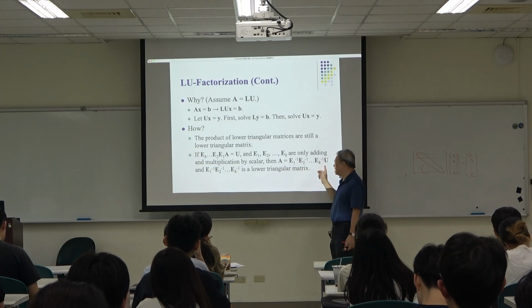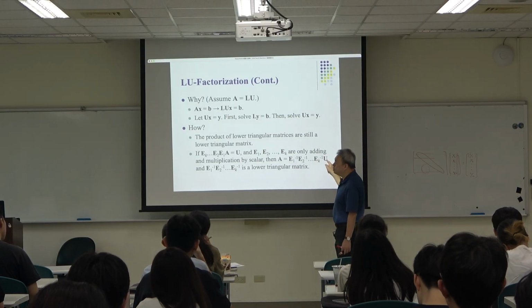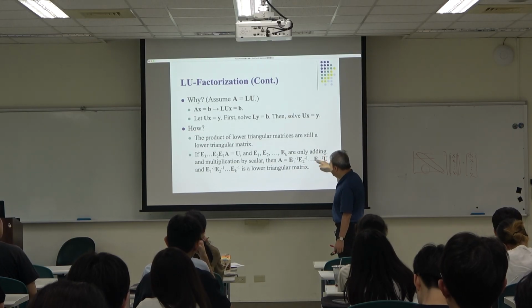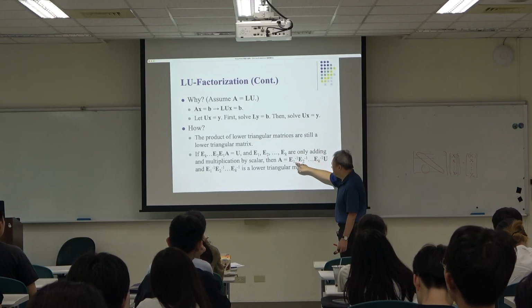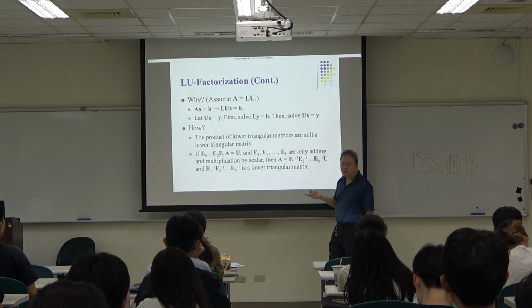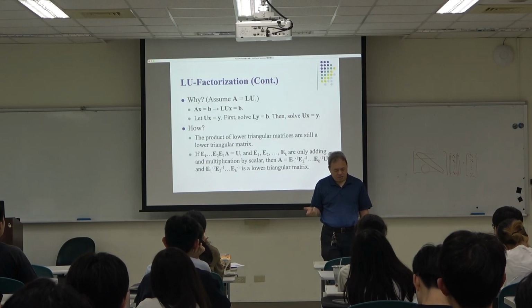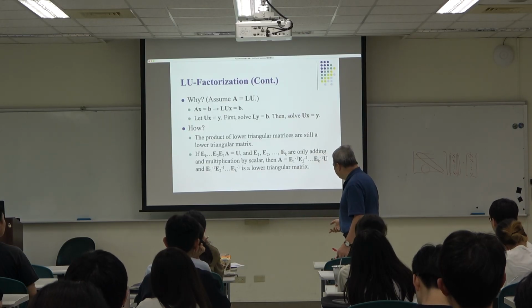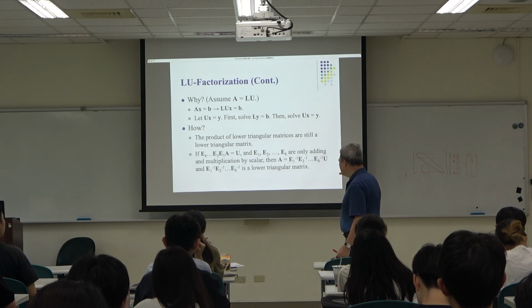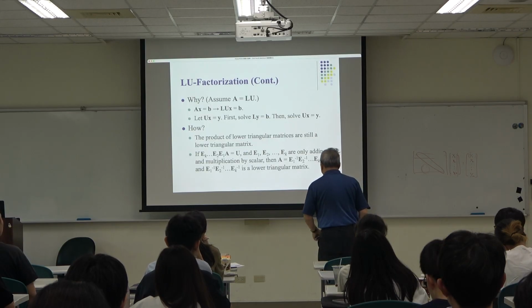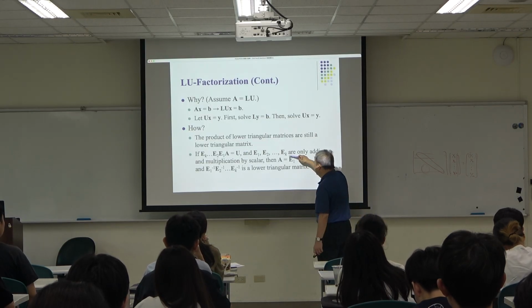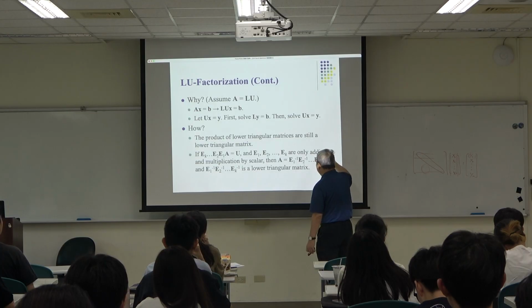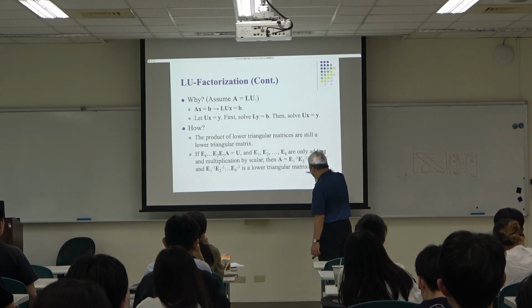Multiply U. And as I told you, the inverses of those two types are lower triangular, so the multiplication of these lower triangular matrices stays lower triangular. So the product of these will be your L.